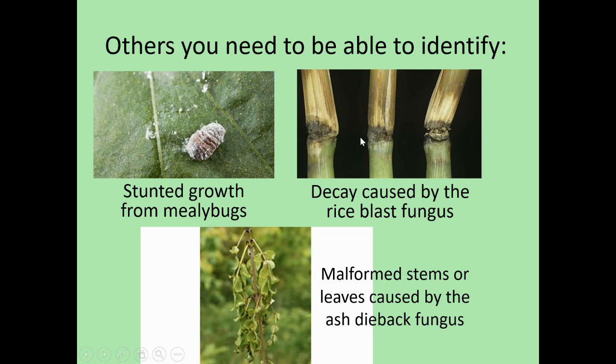Instead of black spots on a rose, you might see decay in other places caused by a fungus. This is called the rice blast fungus. You may have malformed stems or leaves caused by the ash dieback fungus. So, just three more that you may have to identify, but you do not need to know in detail.